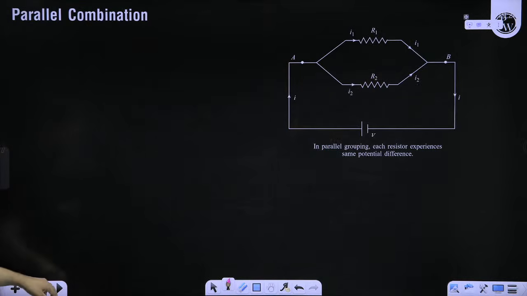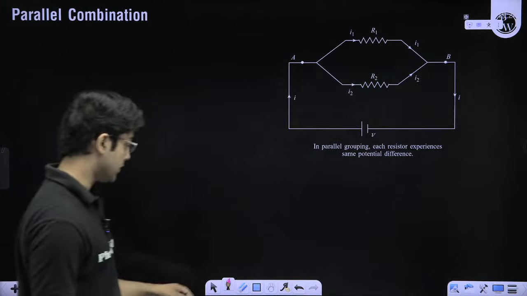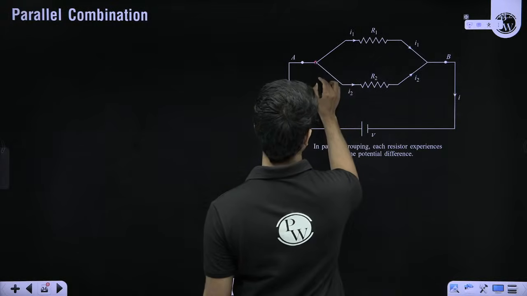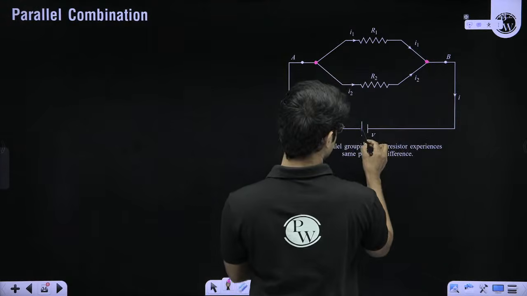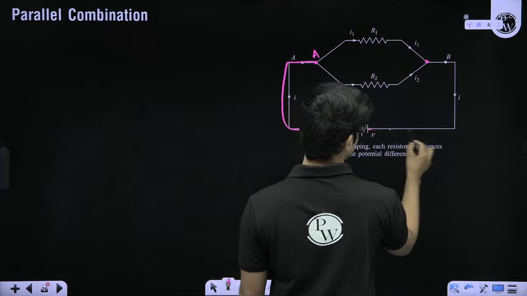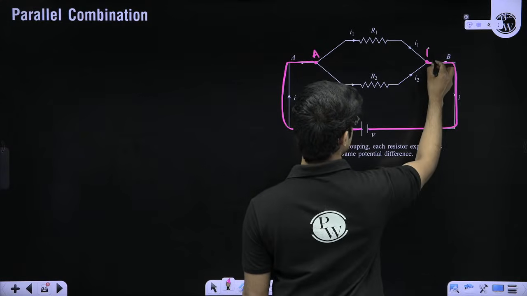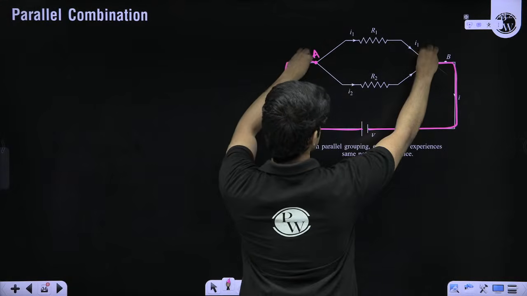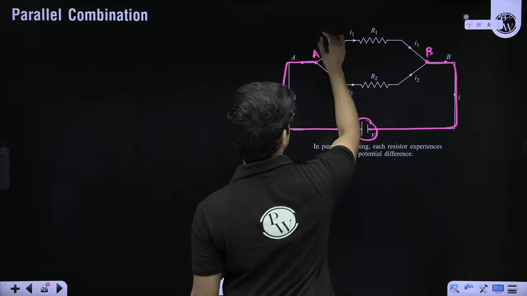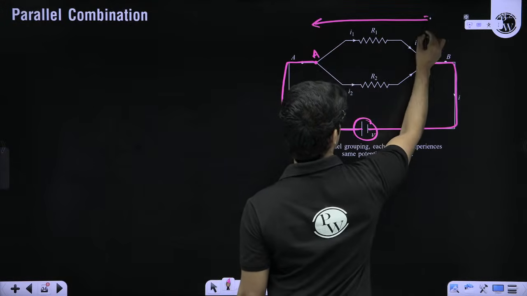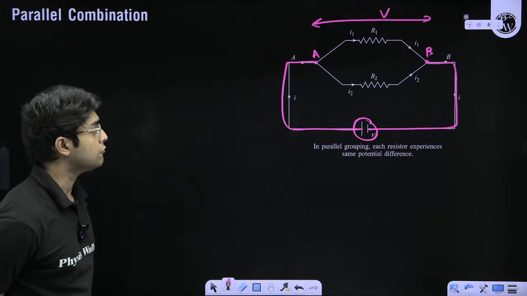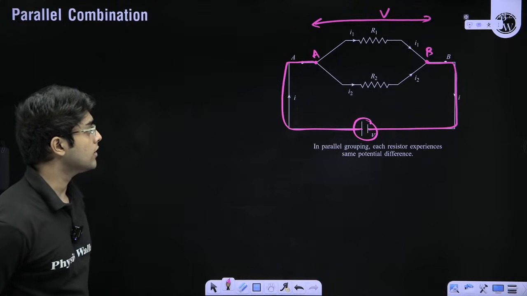Okay, so now one parallel formula is also left. Parallel logic is similar. In parallel, the main logic is the battery is connected to this point A and to this point B, right? So the potential difference between A and B, the battery will maintain it as V constant.